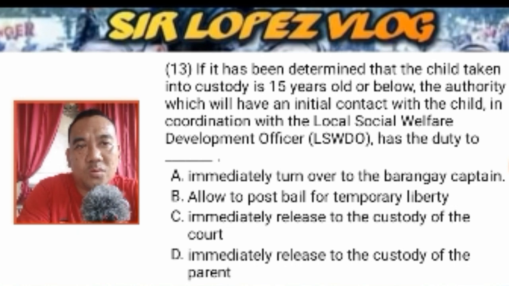Okay, what is the missing word? Or what are the missing words? Letter A, immediately turn over to the barangay captain. Letter B, allow to post bail for temporary liberty. Letter C, immediately release to the custody of the court. Or letter D, immediately release to the custody of the parent.